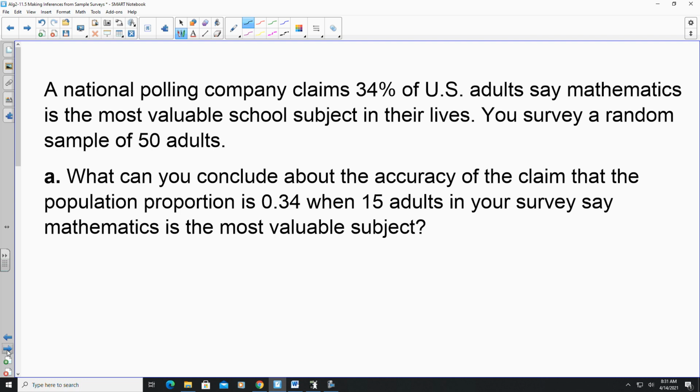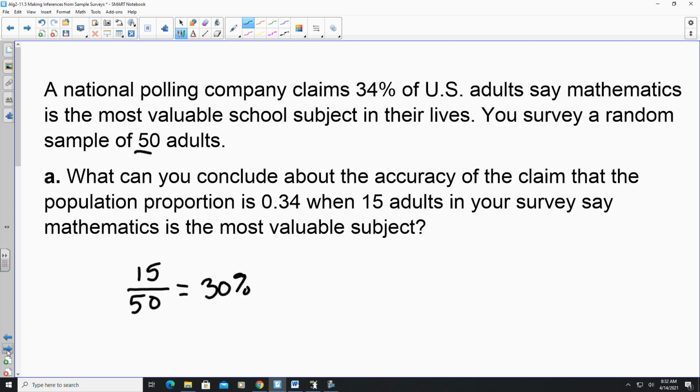Looking at your specific survey, of the 50 people that you surveyed, 15 of them said that mathematics was the most important subject. If you were to convert that to a percentage like the polling company did, 15 over 50 gives you 30%. Now, the question is, is 30% close to 34%?